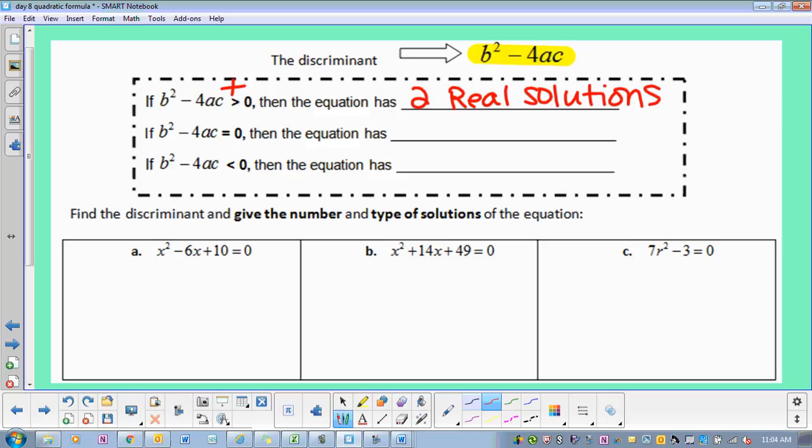However, when you plug in b squared minus 4ac and you get 0 exactly, then that means that your equation has one real solution.